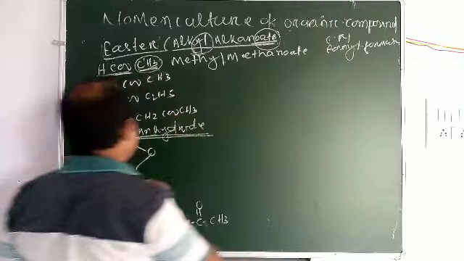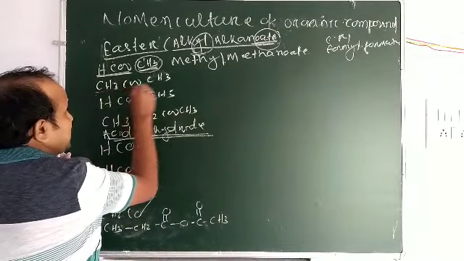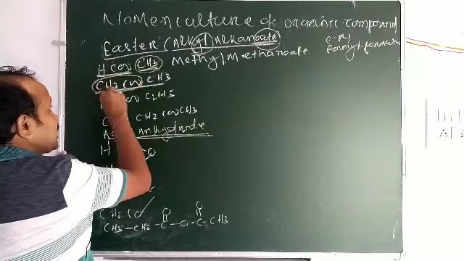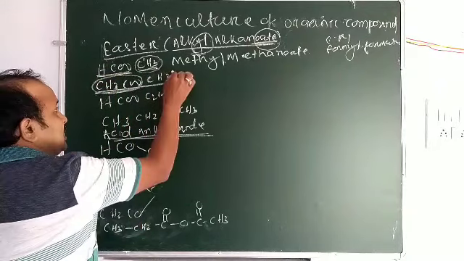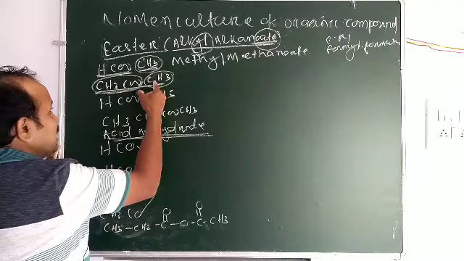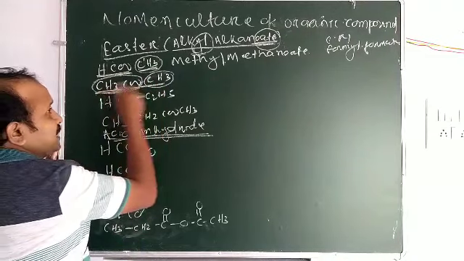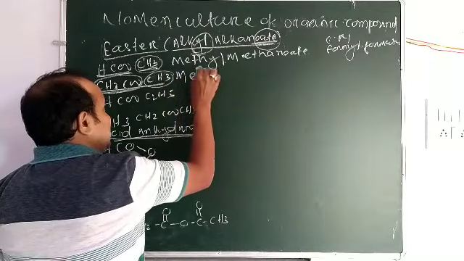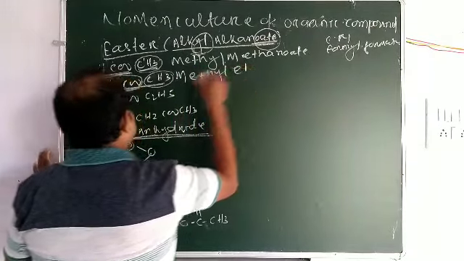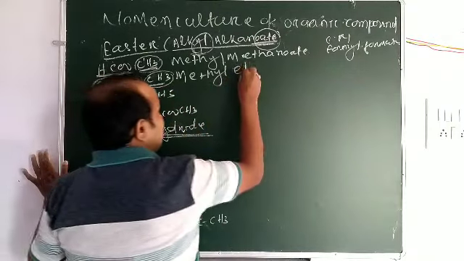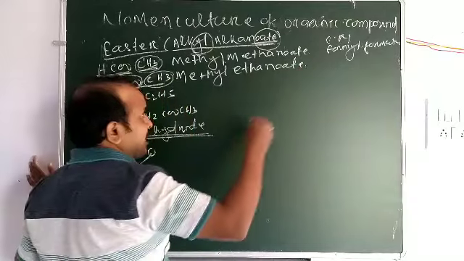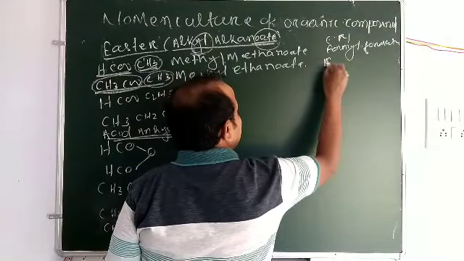Here you see this part is the carboxylic acid CH3COOH. Here CH3 is the alkyl group, so methyl. Here is ethanoate, with 2 carbons, and the common name is acetate.